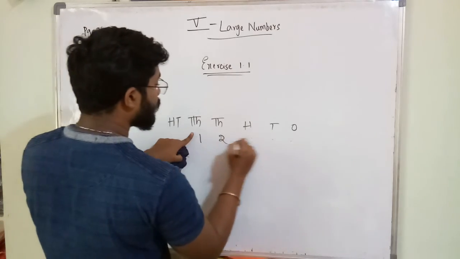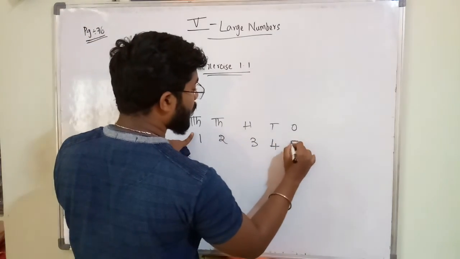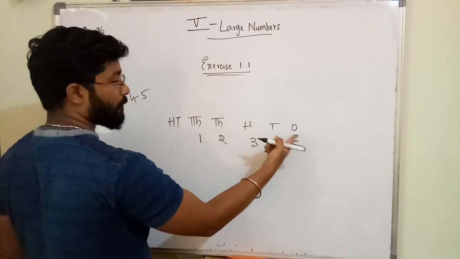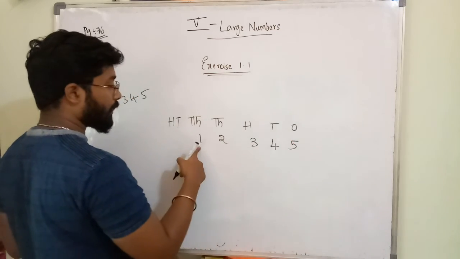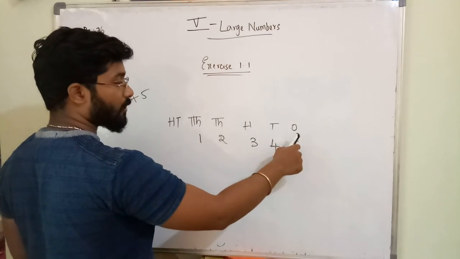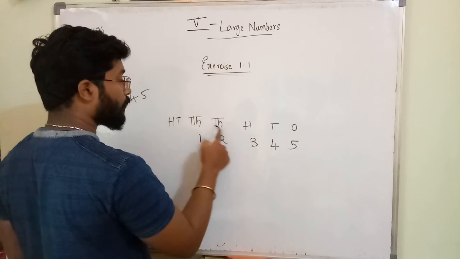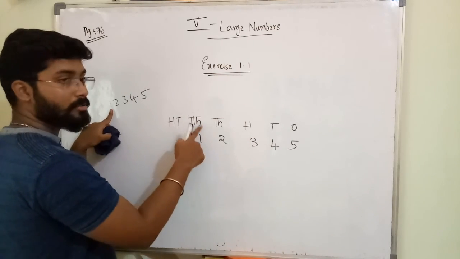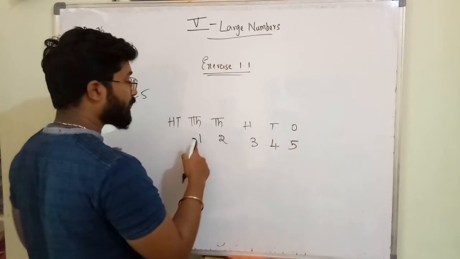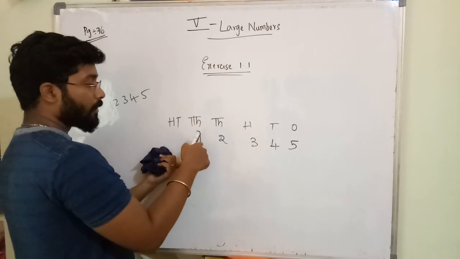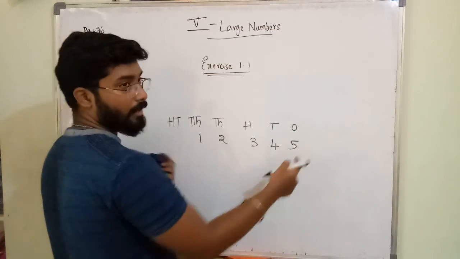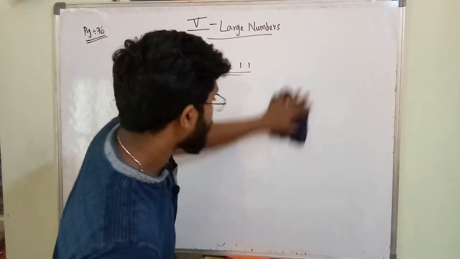How many digits are there? That many digits you have to count, 1 2 3 4 5. That's why I have counted 5 digits and start writing from that 5th digit. Like that you have to write.